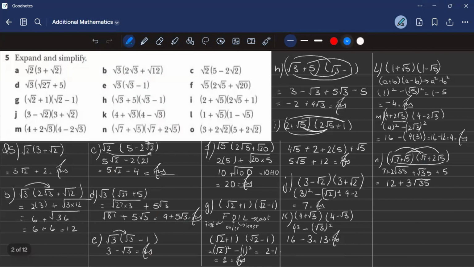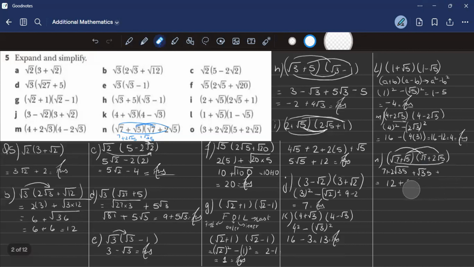So under root 7 multiplied by under root 7 is 7. Okay. Then we have the outer value plus 2 under root 35. Then we have the inner value plus under root 35. And then we have the last value. Oh, I got it. My bad. The thing is, we forgot what?